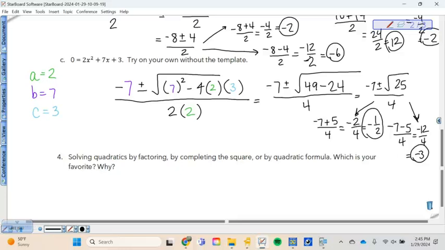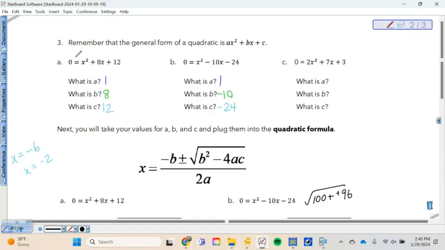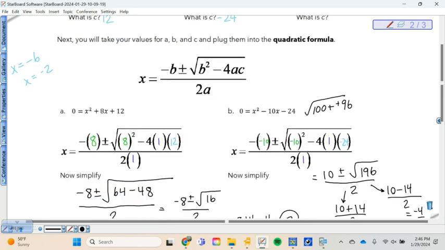Some are really easy to factor, like that first one was really easy to factor, x plus 2, x plus 6. My answers are negative 6 and negative 2. That's it, right? I can do that really quick. But sometimes, especially when a is bigger than 1, it can be challenging to find the numbers to factor. And that's where the quadratic formula comes in handy.